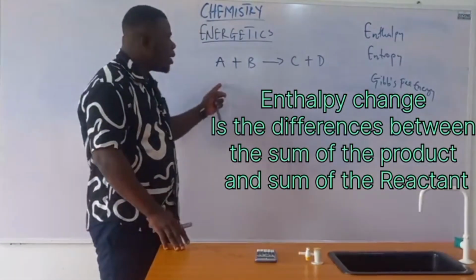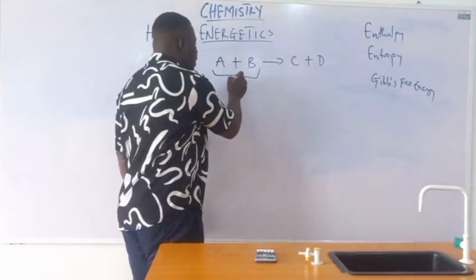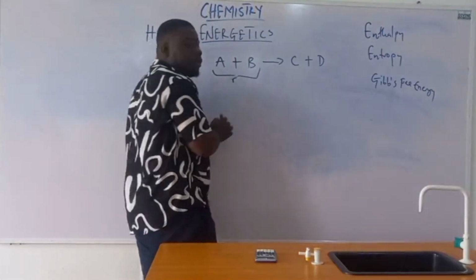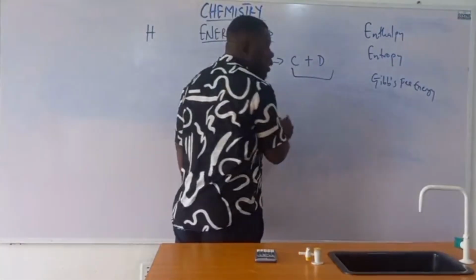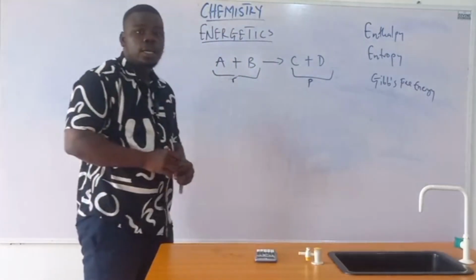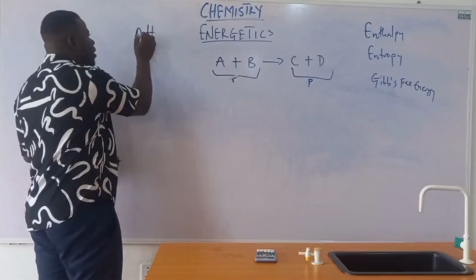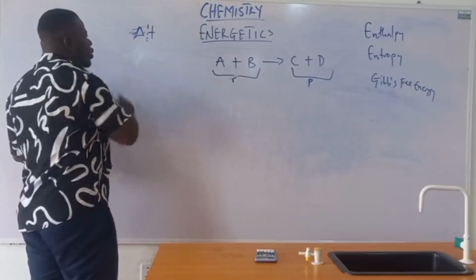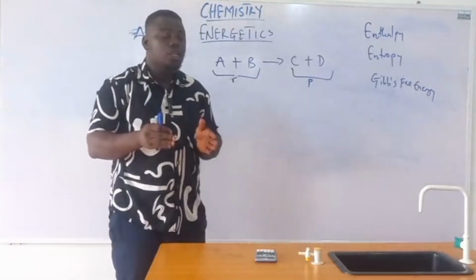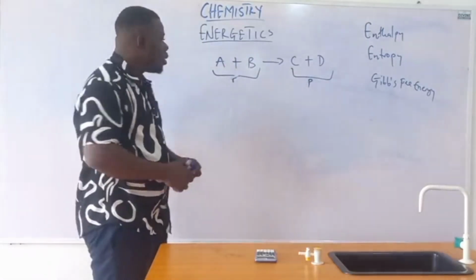For example, looking at this reaction, we know that in a chemical reaction, the left-hand side is always the reactant, and the right-hand side is always the product. Right? Now, enthalpy change, which is designated as delta H, is the difference in the sum of the products and the sum of the reactants.